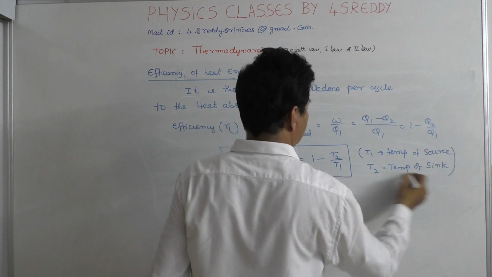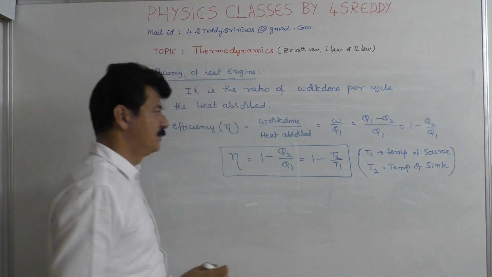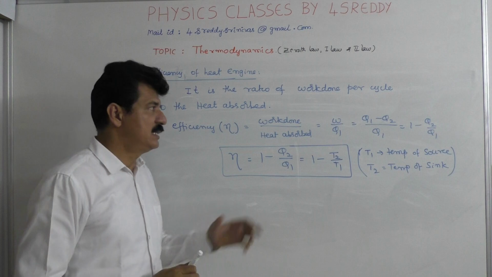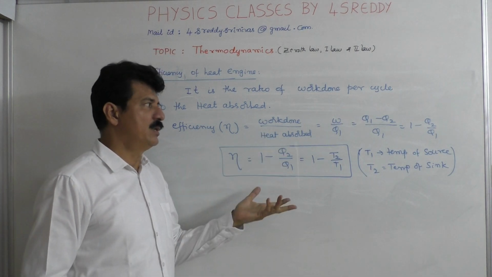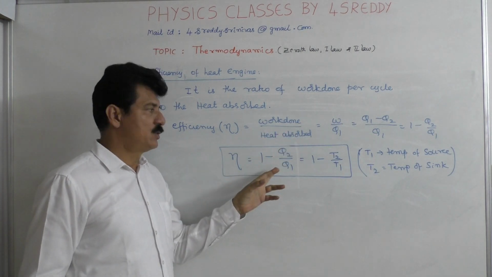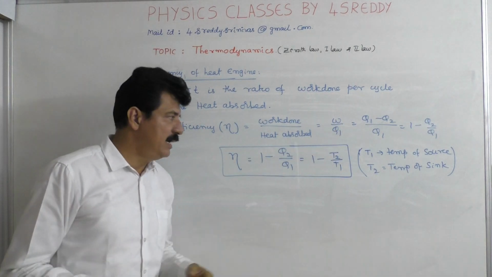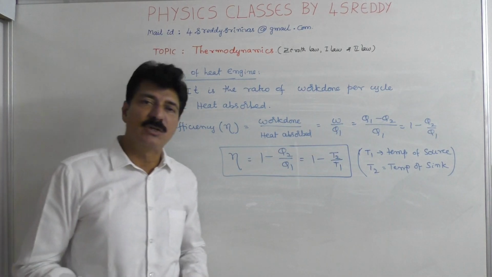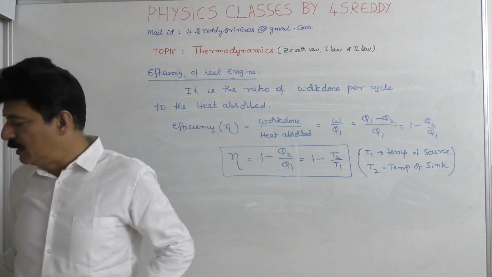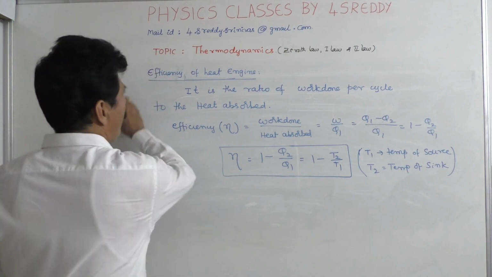This is the standard we have to consider. So efficiency is work done by heat absorbed, but work done is Q1 minus Q2, therefore it is 1 minus Q2 by Q1, which can also be written as 1 minus T2 by T1.